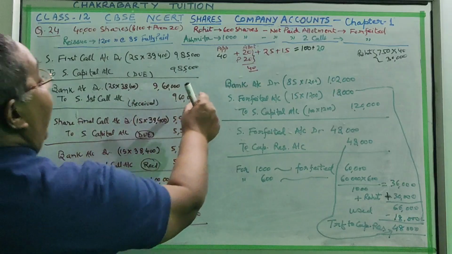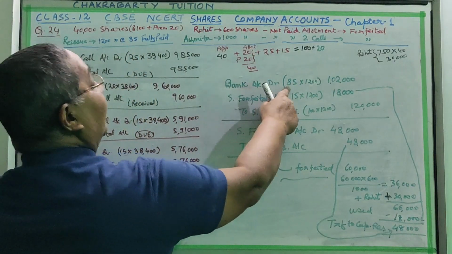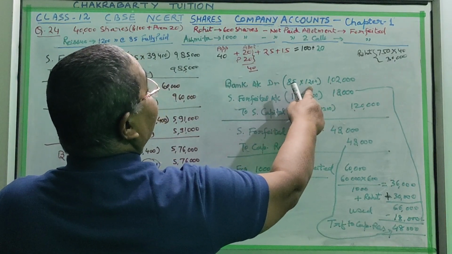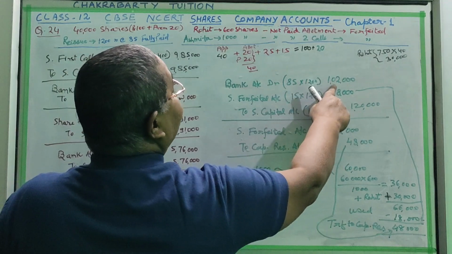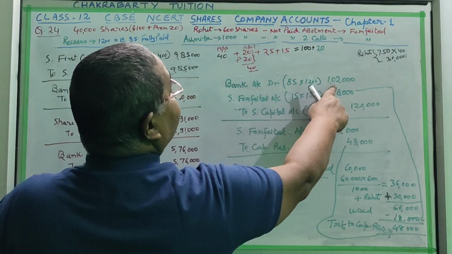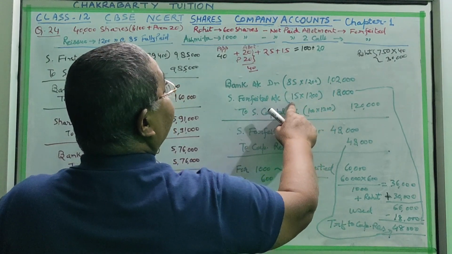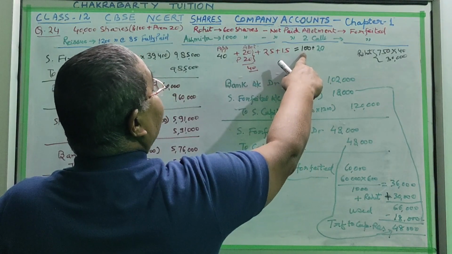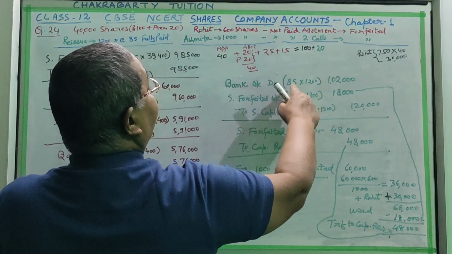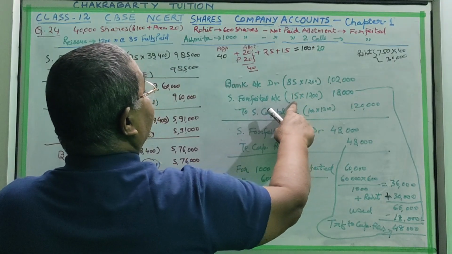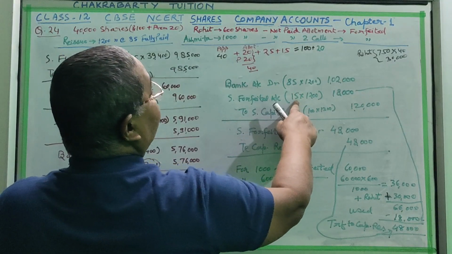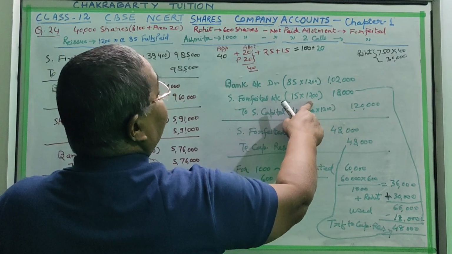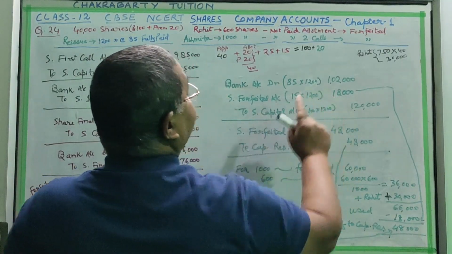It is done. Now we are going to reissue at the rate of 85, but only 1,200 shares received. So you will multiply 1,200 into 85, this much. The nominal value is 100. So from 100 you reduce 85, 15 will come. 15 rupees is the discount that we will give on 1,200 shares, and it will come to 18,000 rupees.